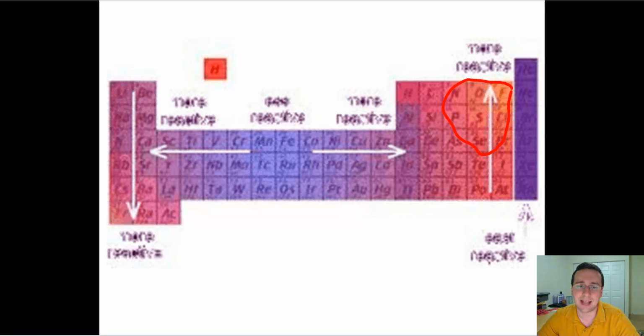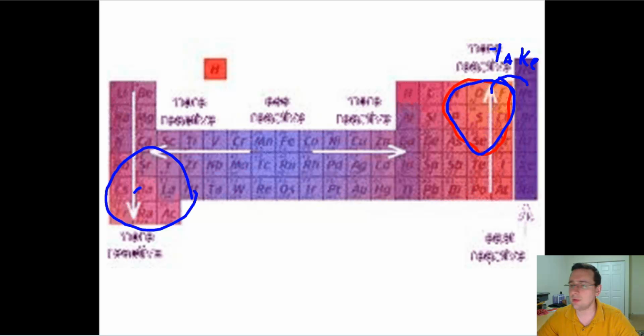So the top right are going to be the most electronegative or the most reactive in terms of being takers. They are desperate to take electrons. They're going to be the electronegative atoms, right? Meanwhile, the bottom ones here are going to be the most metallic or the most givers of electrons. And so these corners of the periodic table are going to be the most reactive of all.